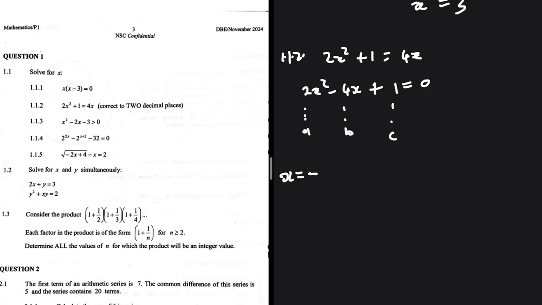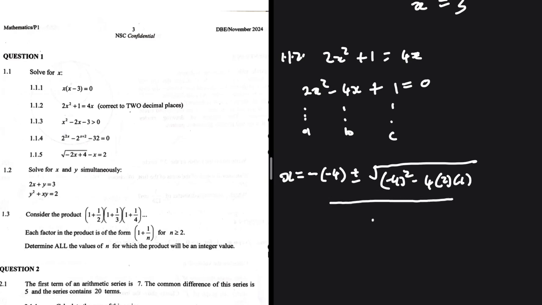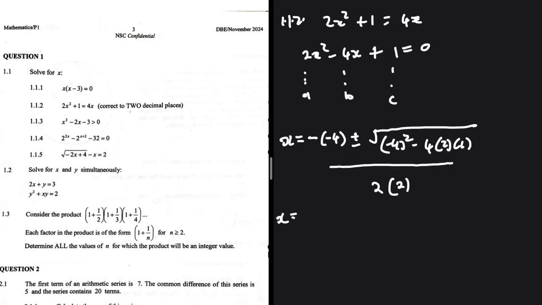So minus b in this case is, well, minus 4 is b in this case, and then plus or minus the square root of b squared, right? So minus 4 squared minus 4ac. a is 2, c is 1, and then we divide everything by 2a, of which a is 2, right? So we have x being equal to.